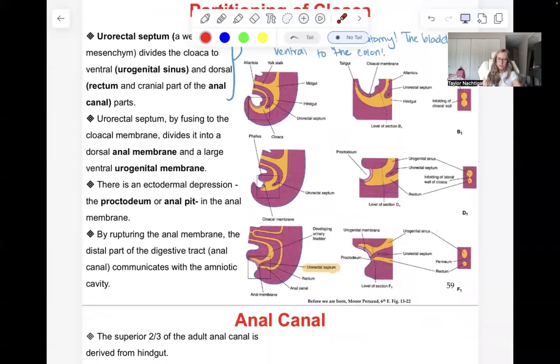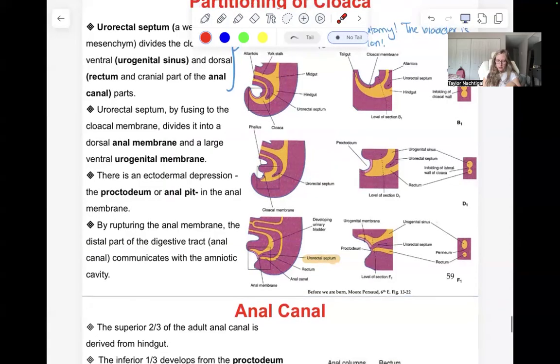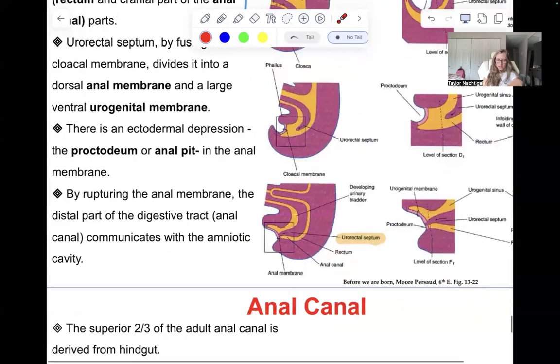The urorectal septum will fuse to the cloacal membrane. So here we see the septum coming down, down, down. It's going towards the cloacal membrane where it will eventually fuse completely. We've already talked about this. The ectodermal depression that's near the anus is known as the proctodeum or anal pit.